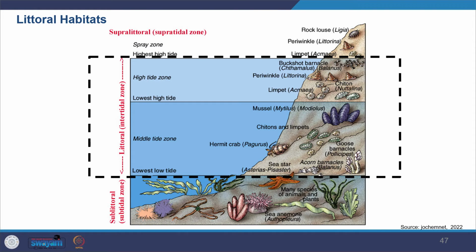Now you look at the littoral habitat. The littoral zone, as we had seen, is a very narrow zone between the high tide and the low tide area. You would see that you have steep shingle beaches, or you can also have mud flats. In most littoral habitats, whatever species sustain in this particular zone are mostly marine in nature, and they are much more adapted to the cyclic system of the marine environment.